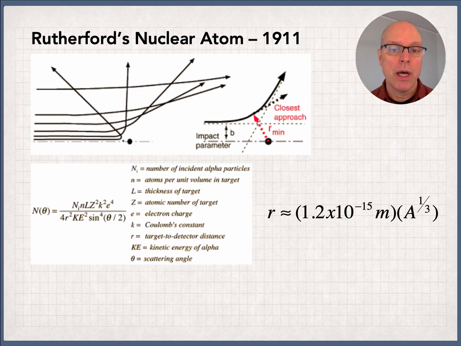So based on the proportion of alpha particles that scattered and the average angle of scattering, Rutherford derived this very, very complicated expression where N is the density per unit volume of gold atoms, L is the target thickness, Z is the atomic number.